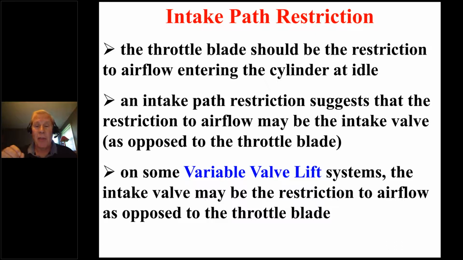And on some variable valve lift systems, most notably the BMW Valvetronic and maybe the Nissan VVL, by design, the restriction to airflow is the intake valve. It's not the throttle blade. Not in all cases, but in many cases. So if an engine's got variable valve lift, and we would know that, of course, we would know what we're working on, you'd have to consider that.